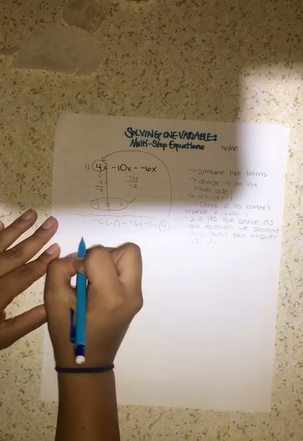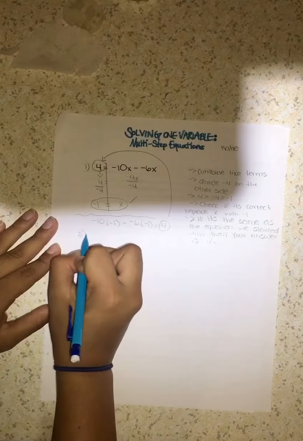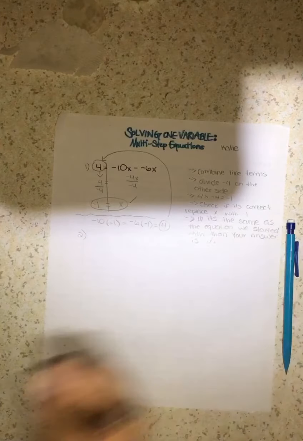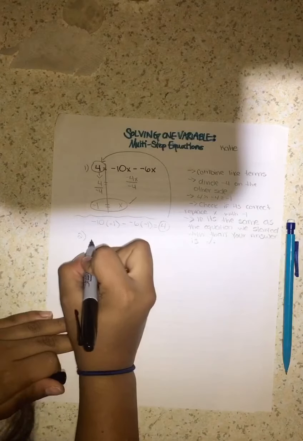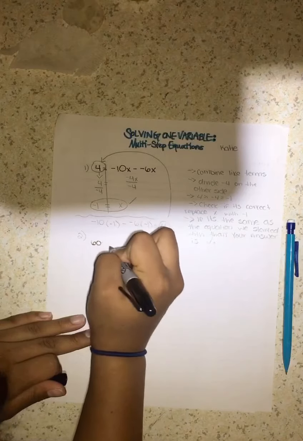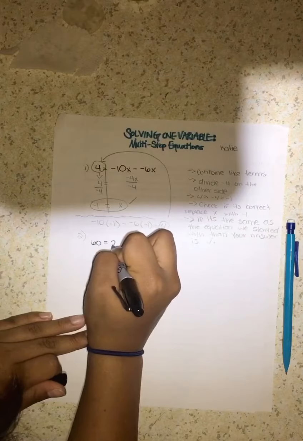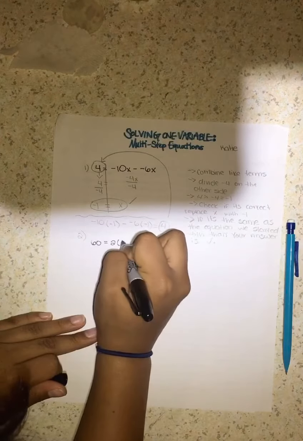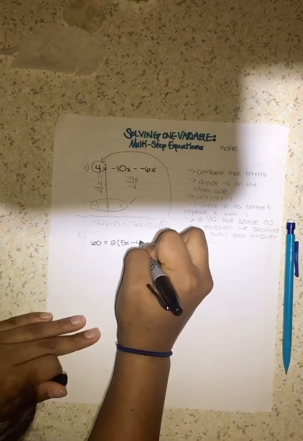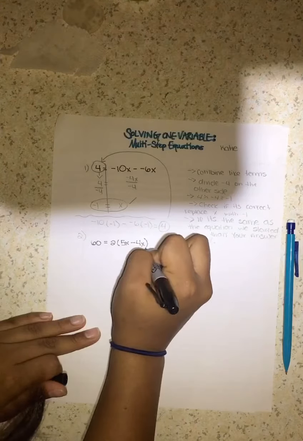So now we're going to do another one, and for this one we are going to be doing 60 equals 2 parentheses 5x minus 4x parentheses.